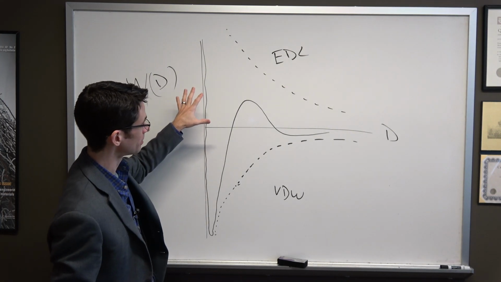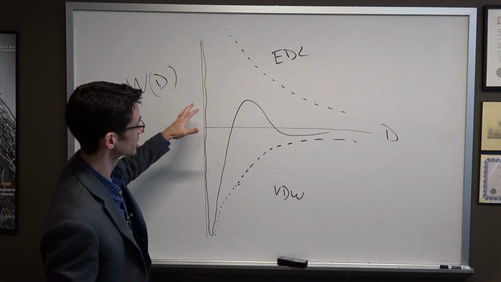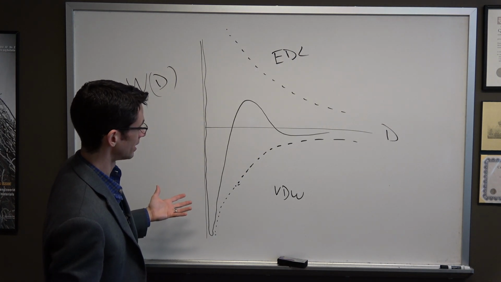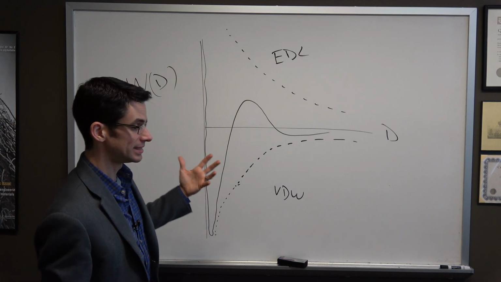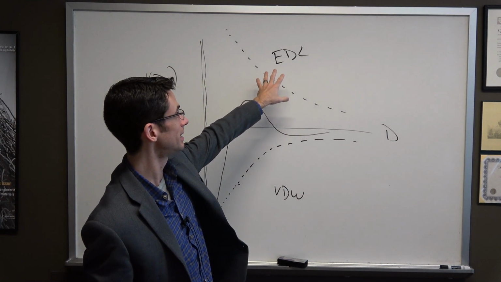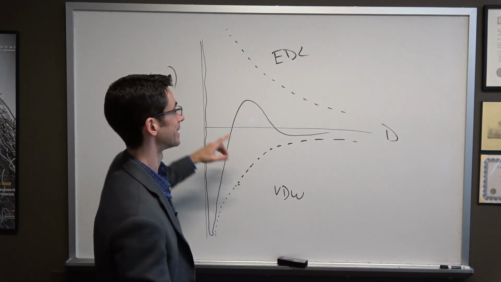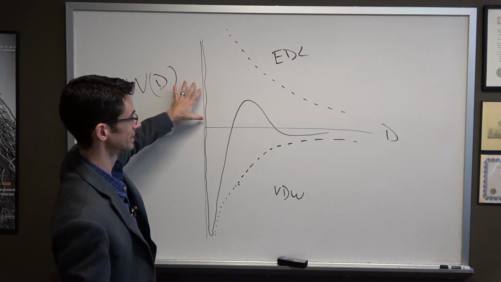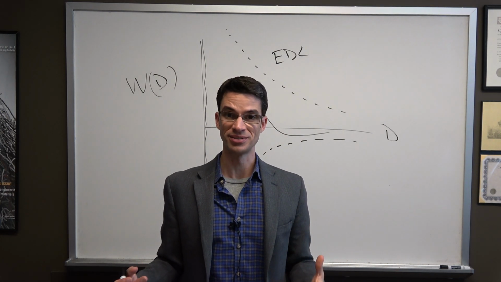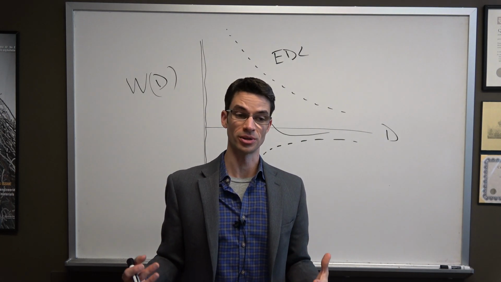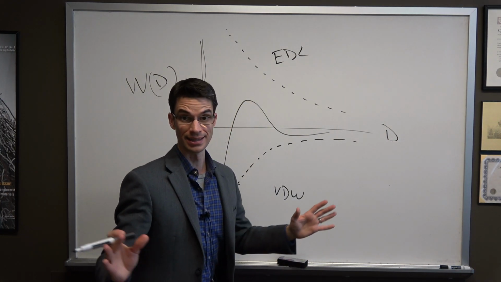But if you think about it, there's actually some similarity here between the DLVO curve without the EDL portion and the Lennard-Jones potential, which had this repulsion term at short distances that we saw earlier in the class, where the Lennard-Jones potential was something like that. Okay.